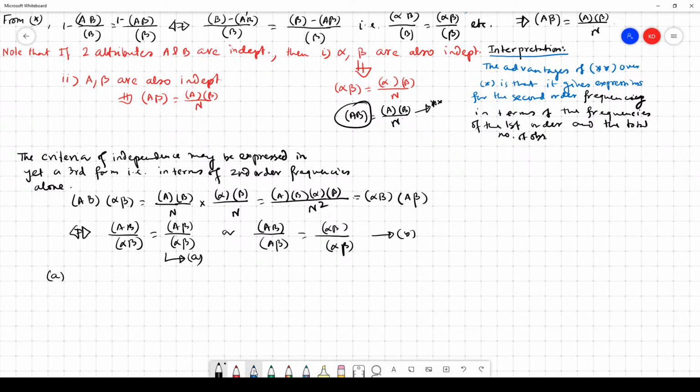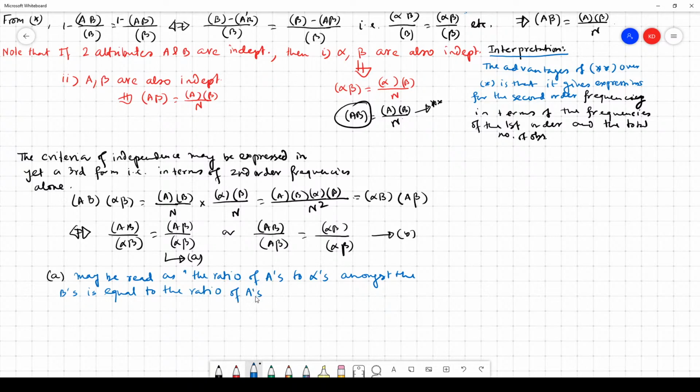Small a may be read as the ratio of A's to alphas amongst the B's is equal to the ratio of A's to alphas amongst betas. And similarly, we can interpret b.